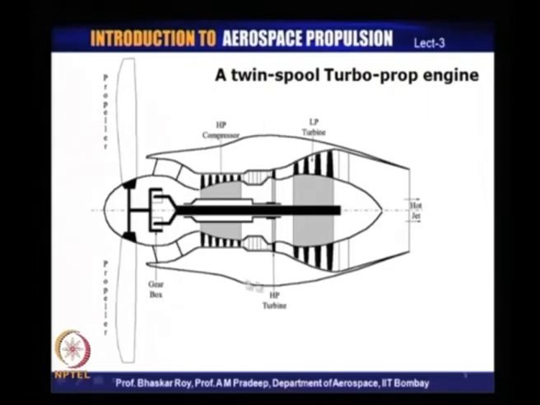However, the rise of gas turbine engines has given us the option. The propellers can now be driven by gas turbine engines, which means you have air coming in over here, going through the process of compressor, combustion chamber, turbine, and then it produces a power, separate power through this shaft.